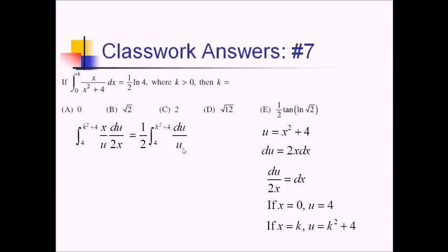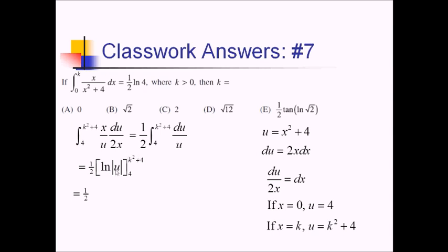What is the antiderivative of 1 over u? That's going to be ln of the absolute value of u. We still have this 1/2 playing around out there. So I have 1/2, and in my evaluation box, ln of the absolute value of u from 4 to k squared plus 4. Plugging these in, I've got the 1/2 out here, and inside my parentheses, being subtracted, ln of k squared plus 4.